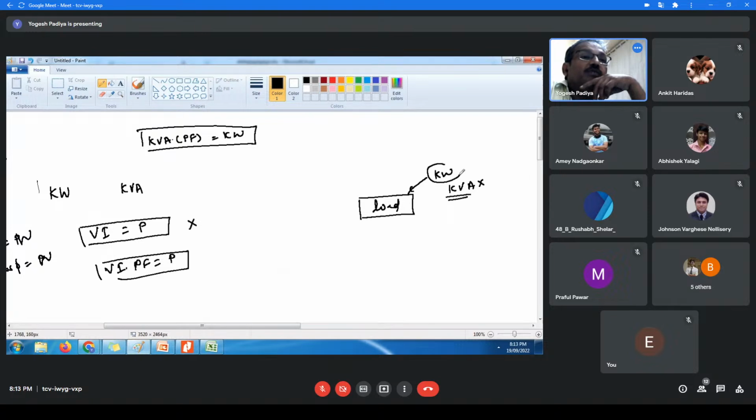Suppose this load is, let us say, 10 kilowatt, and this motor has a power factor of 0.5. If the power factor is 0.5, it means cos phi is 0.5. If cos phi is 0.5, it means phi is 60 degrees. It means this angle is 60 degrees.